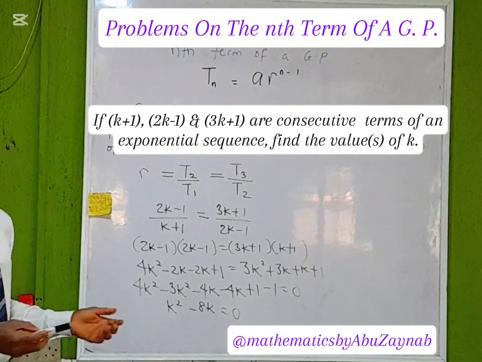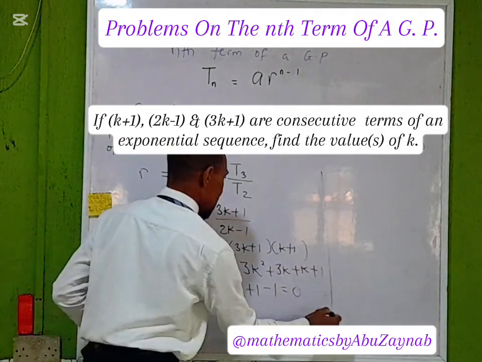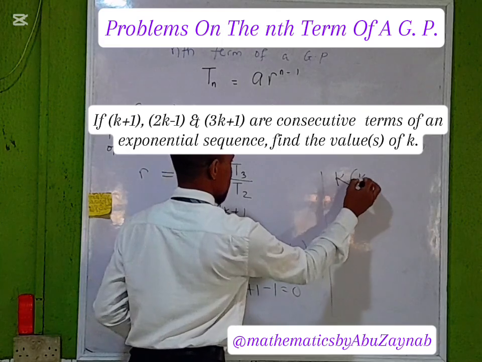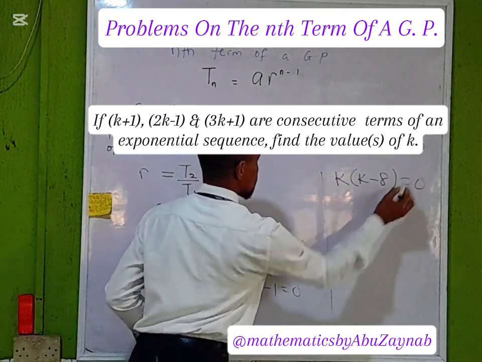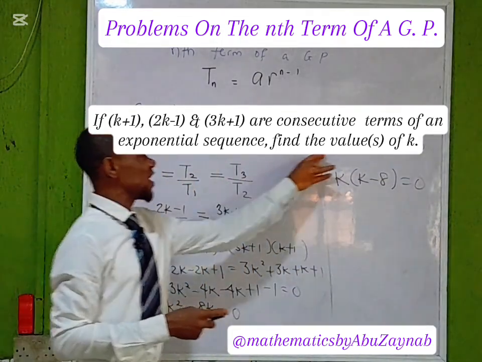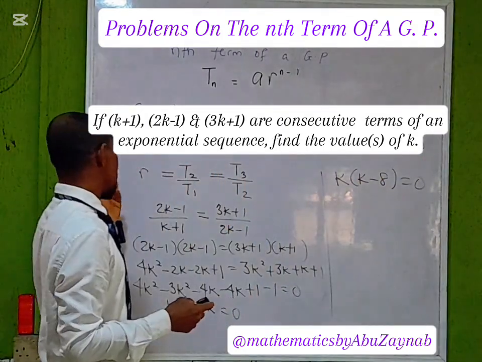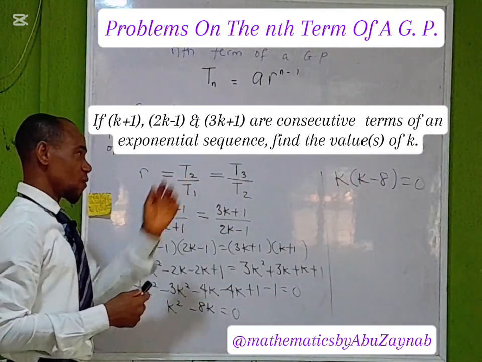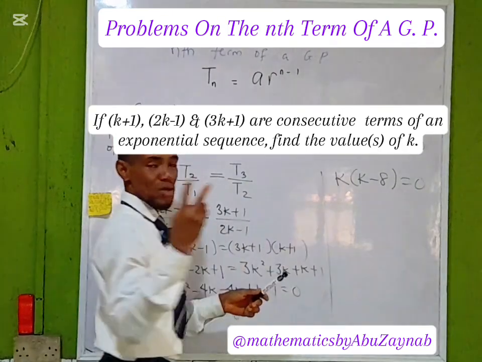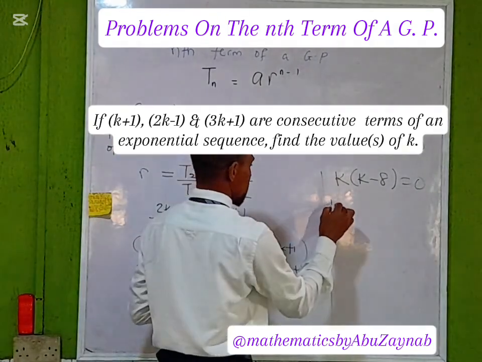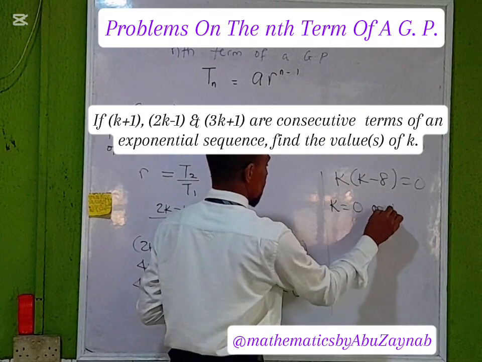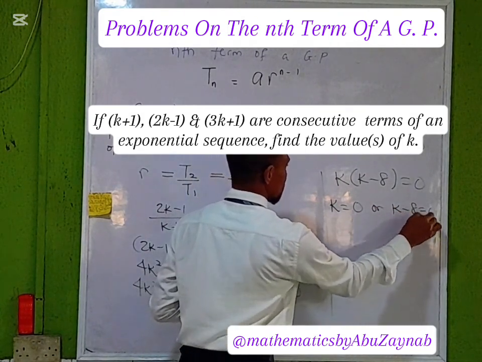Solving this easily by factorizing, we're going to just have k(k minus 8) equals 0. Look at the question, we are given: find the value or values of k. Now we can have more than one answer based on that. And in quadratic, we need to have two answers. So k from here is either 0 or k minus 8 is 0.